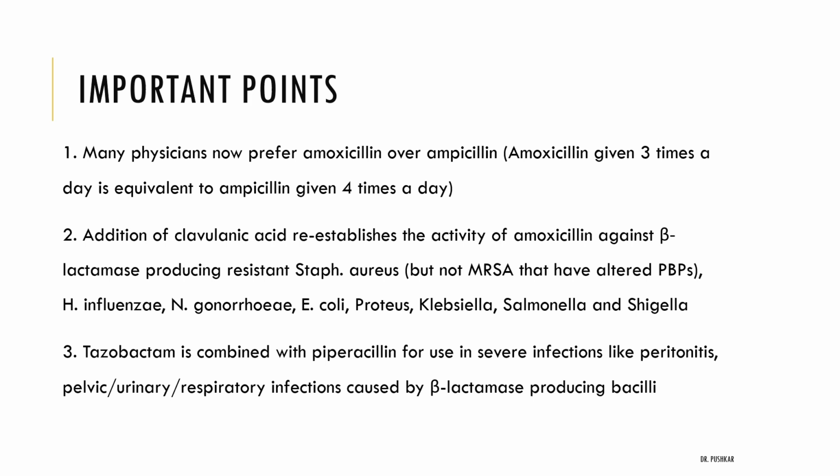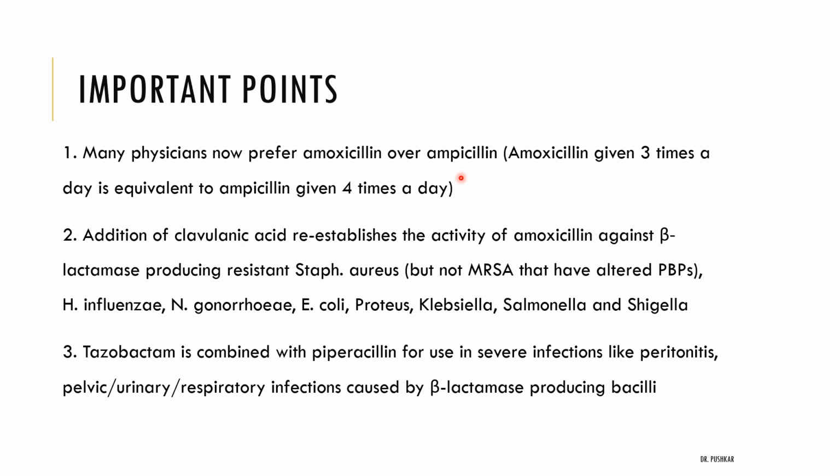But there are some very important points, such as nowadays we use amoxicillin in place of ampicillin because of the lower dosage requirement as well as lower incidence of diarrhea. Okay, so lower incidence of diarrhea is a very important plus point. That is why amoxicillin is nowadays used, which is given in the dosage of 500 mg 3 times a day, but it is commonly used in combination with clavulanic acid, which is used in a dosage of 125 mg.